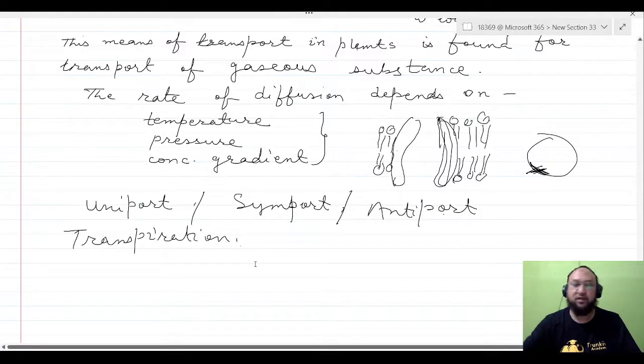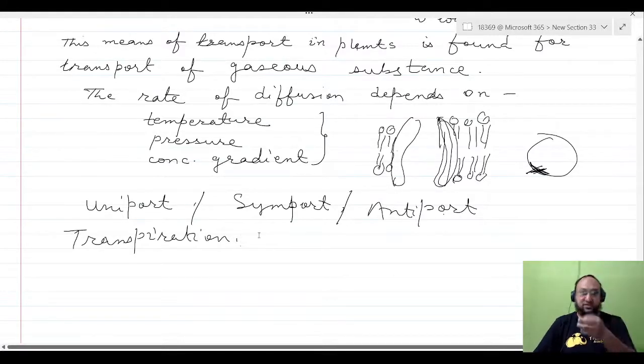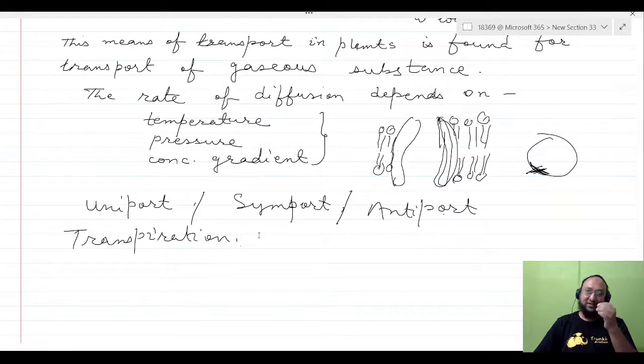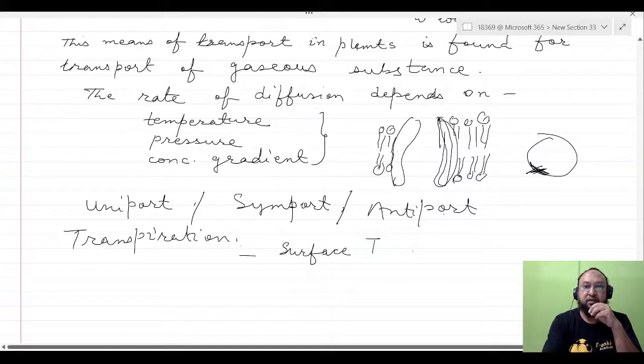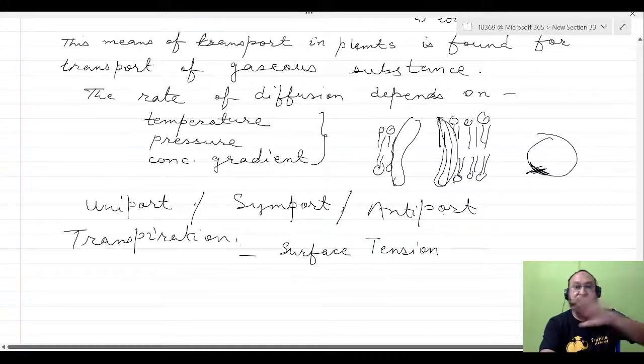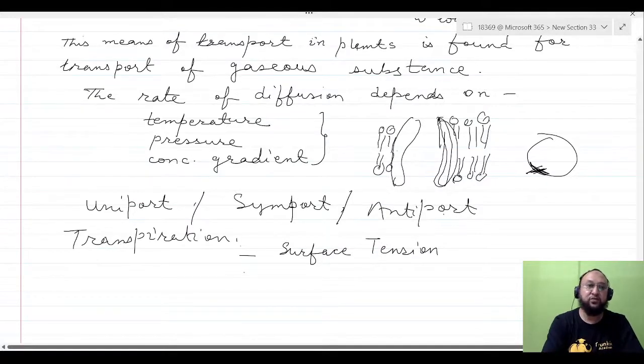It depends on different forces. These are called the force of surface tension, the water potential gradient, and capillary action. These are the forces involved in transpiration, so just know the names. Surface tension is the force by which a liquid can move.